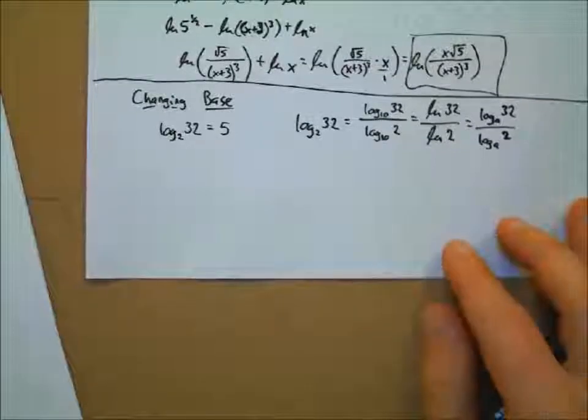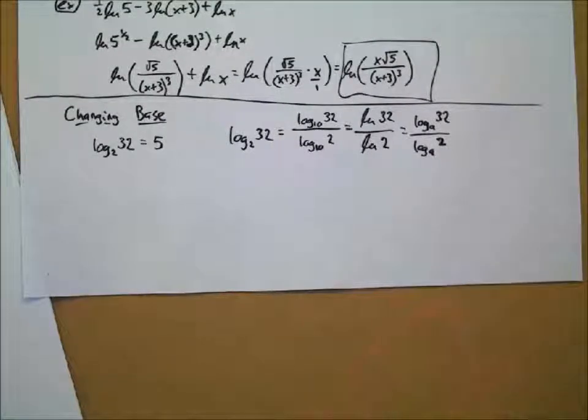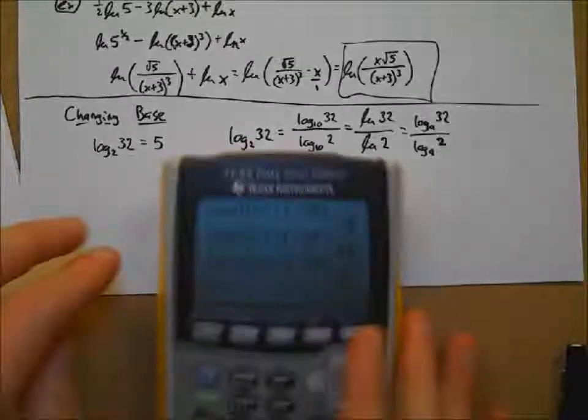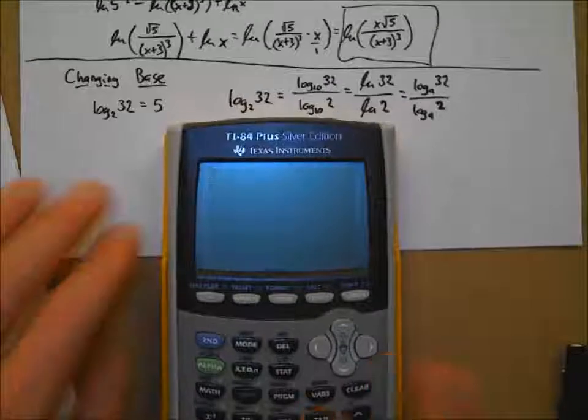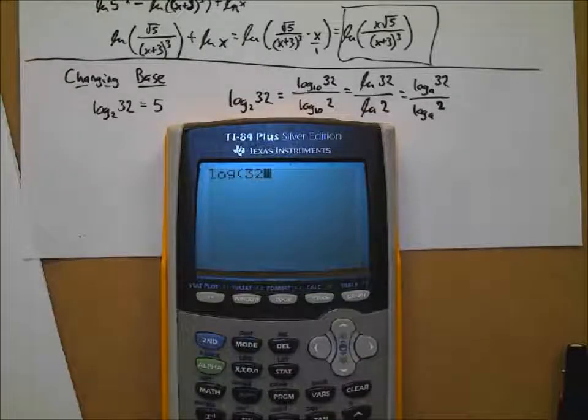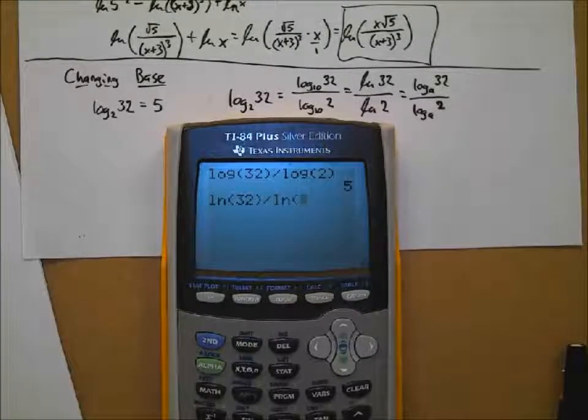Okay, but of course, we chose to use log base 10 and natural log because that's what's in our calculators. And if you type that into your calculator, okay, so you type in log 32, close parentheses, divided by log 2, you get 5. If you do natural log 32, close parentheses, divided by natural log of 2, you get 5.